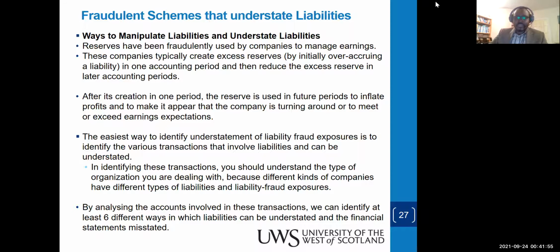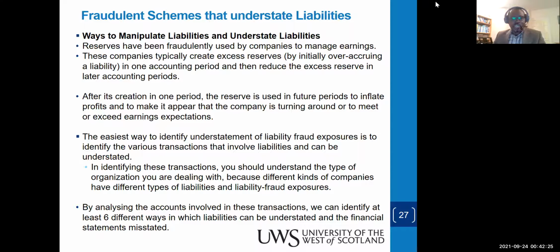Then in subsequent periods, they debit the reserves and credit the other leg in income, increasing income, so that they report fraudulent earnings when in reality there are none. They could report it as other income, other comprehensive income, whatever name they use, so that they deceive the shareholders that they are meeting expectations and increasing revenue.